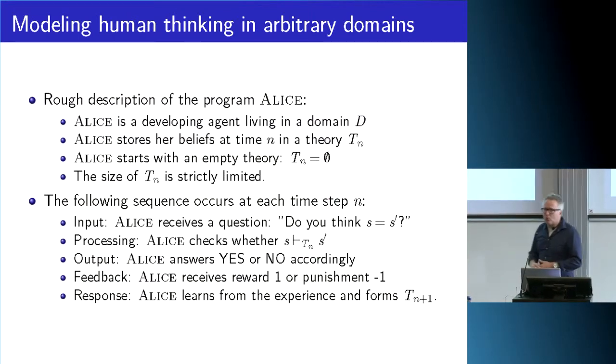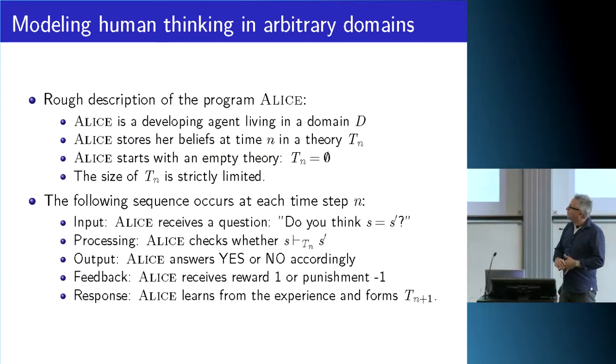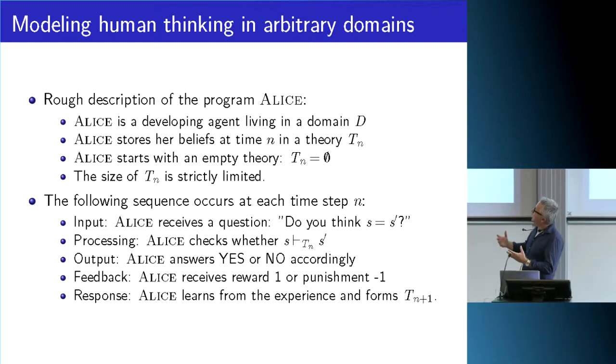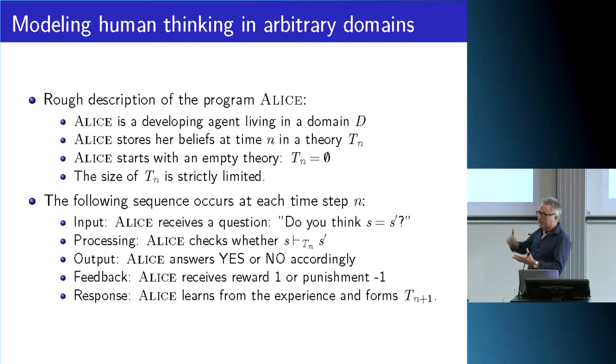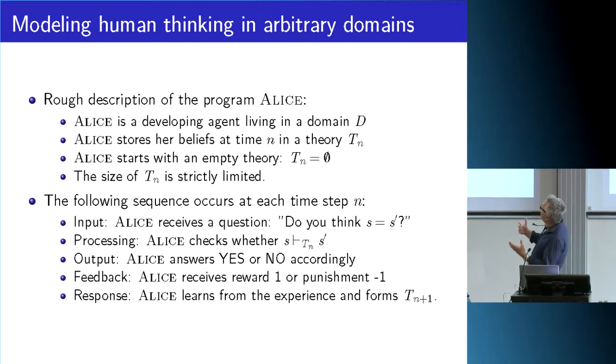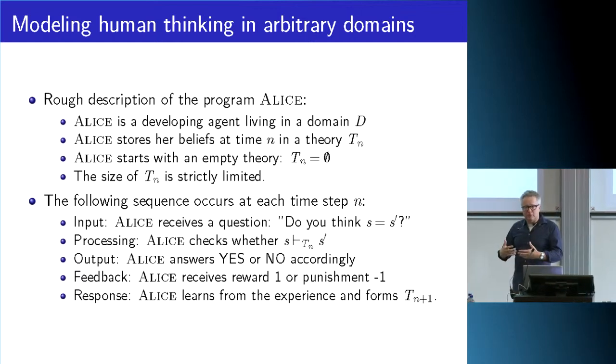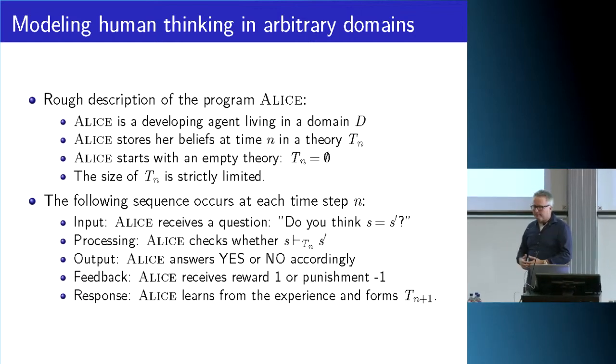Okay, and now we have this program called Alice. We want to model human thinking the way we did it before in an arbitrary domain. So a human who lives in a certain domain will gradually develop a theory about that domain.